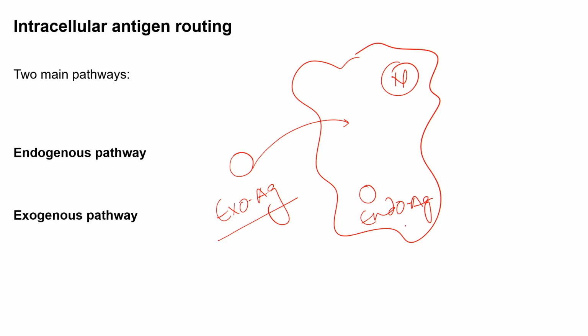Endogenous antigens mostly come from viruses, and exogenous antigens mostly come from bacteria. Basically, these are not limited to the two types, but mostly they are defined by their origin and how they are processed in the system.